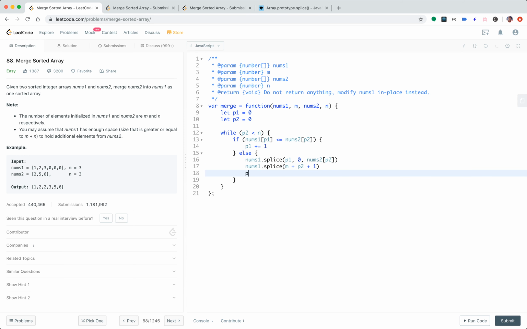And P1 plus equals 1, P2 plus equals 1, because we inserted, so P2 must plus 1.